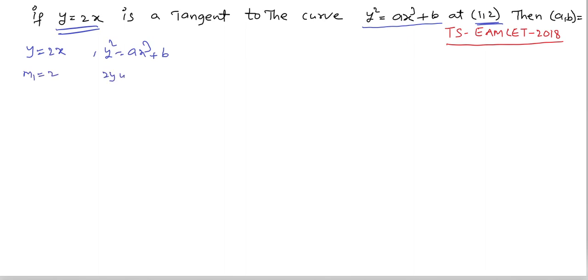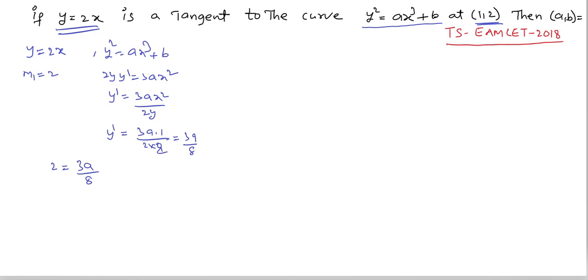And 2y·y' = 3ax², so y' = 3ax²/2y. So y' at the given point (1, 2) is 3a·1²/(2·2·2), that is the second slope, 3a/8.